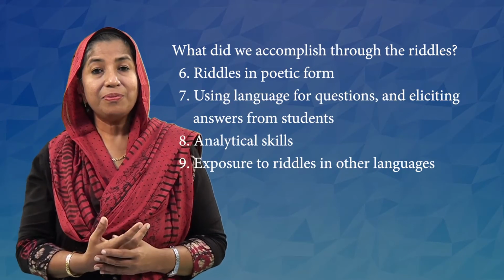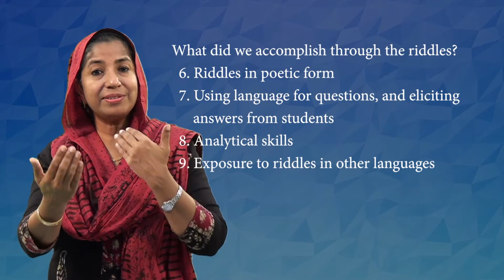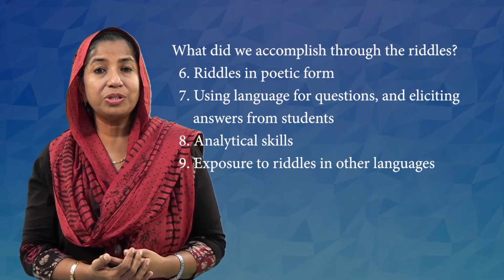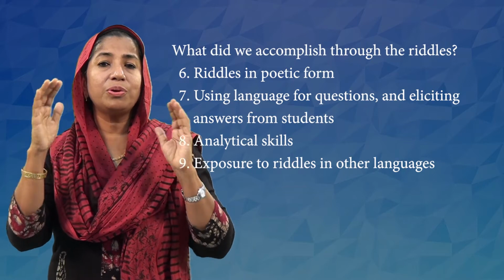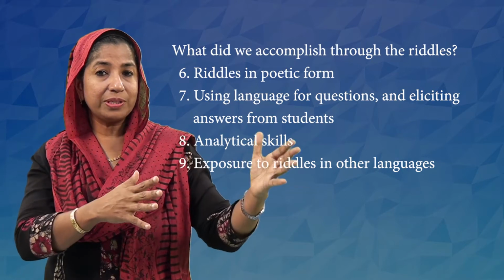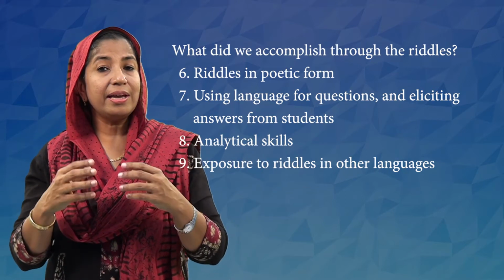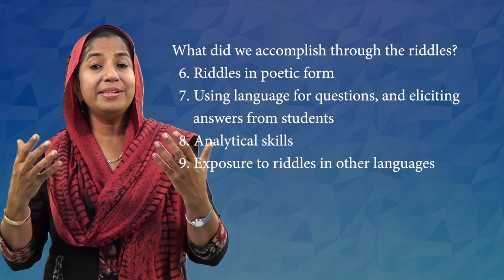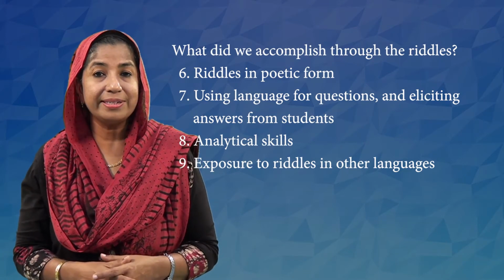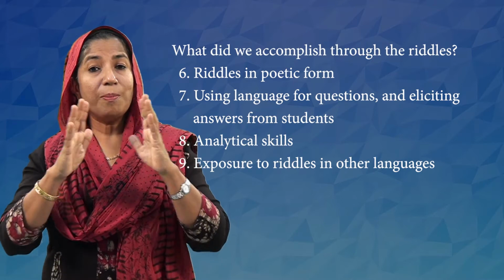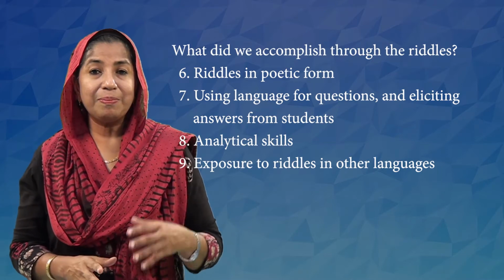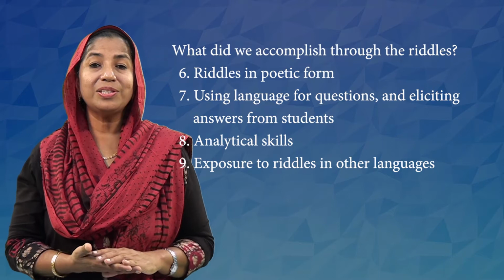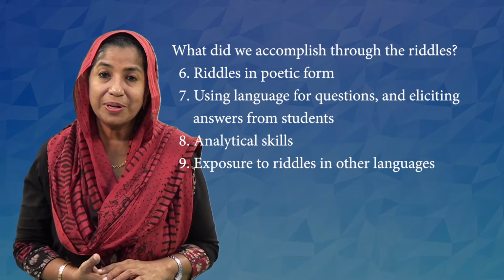Besides these, we have also elicited responses from them using different levels of questioning, like open-ended questions, analytical questions, and even questions that demanded a little bit of creative thinking. So much has been accomplished by using riddles as openers to a prescribed text.